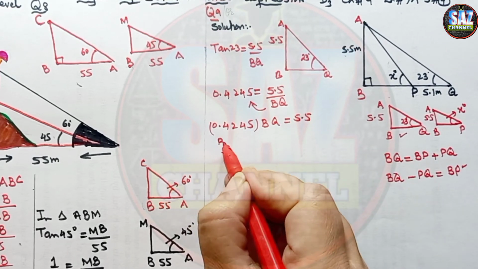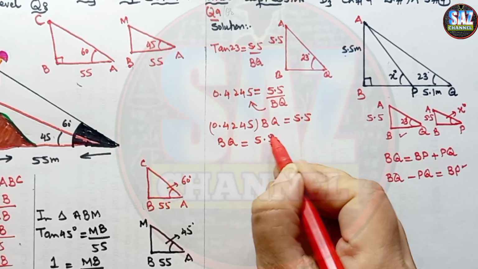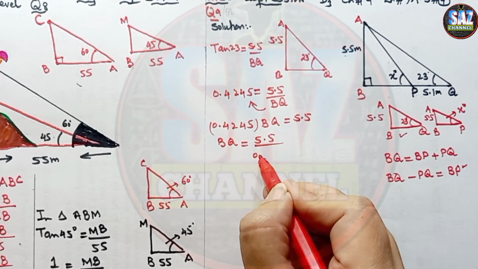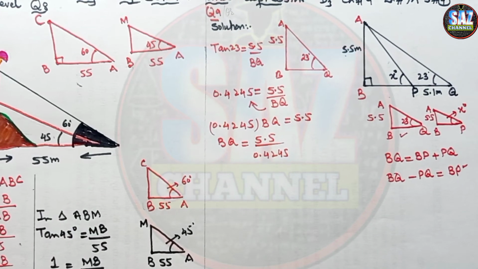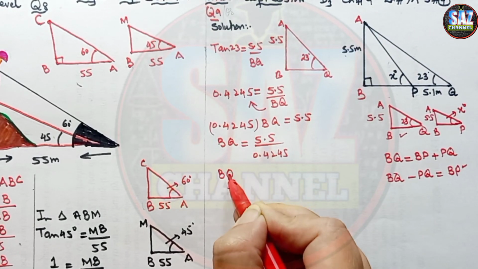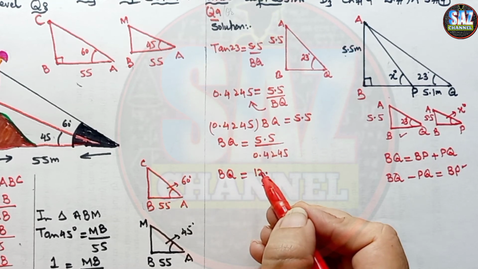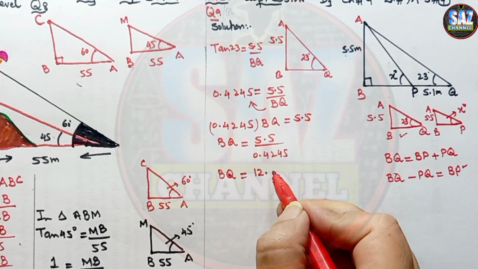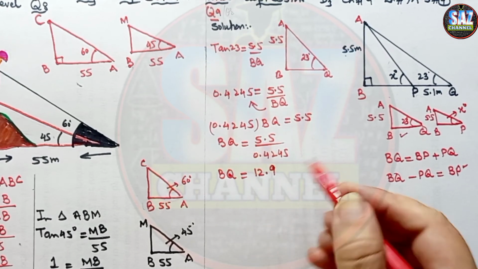Now, in order to get BQ, the whole base, I have to divide 5.5 by 0.4245, and this gives me BQ equals 12.956. Okay, I can take it 12.9 meters.